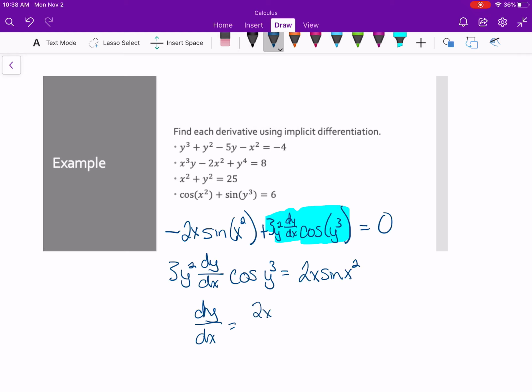So we have 2x sine of x squared over 3y squared cosine of y cubed. If you were able to simplify at this point, you would go ahead and simplify. But that is implicit differentiation.